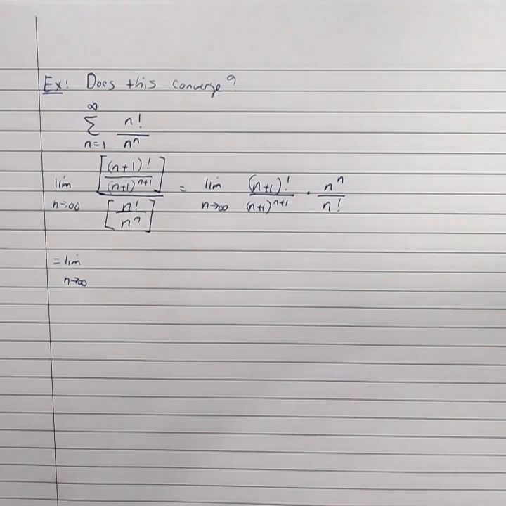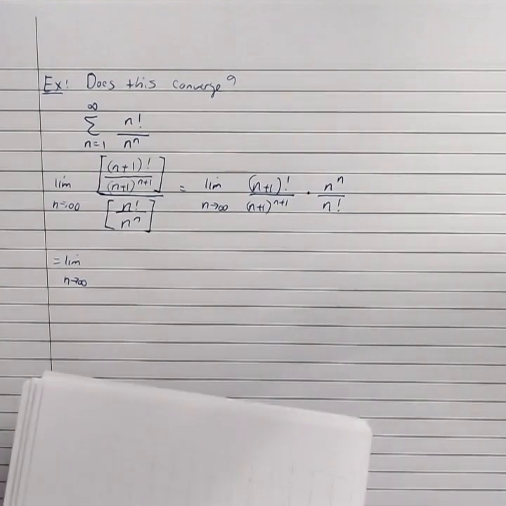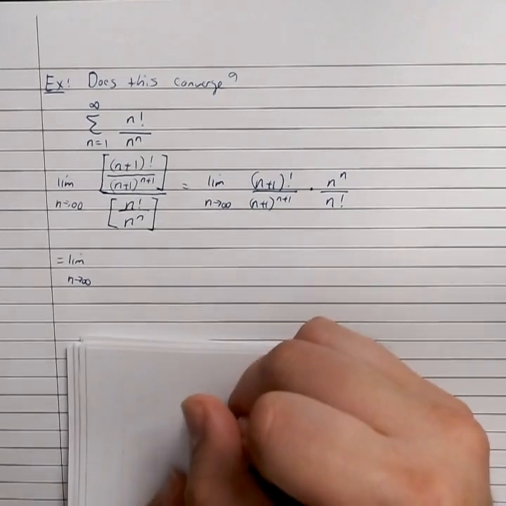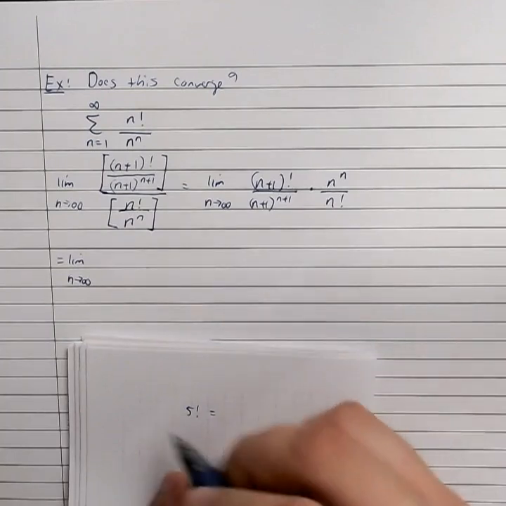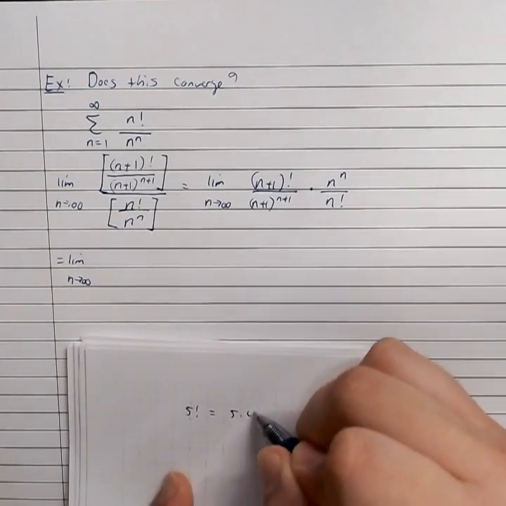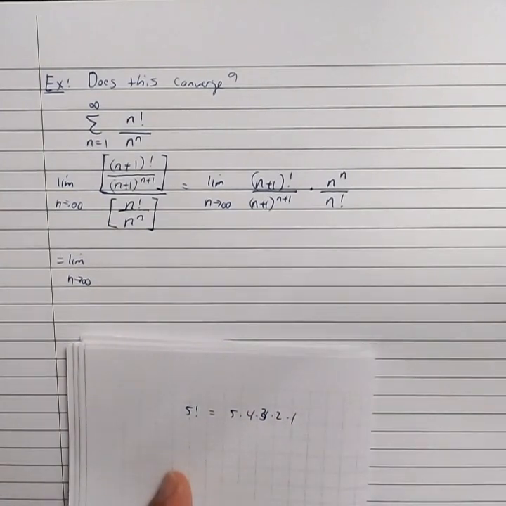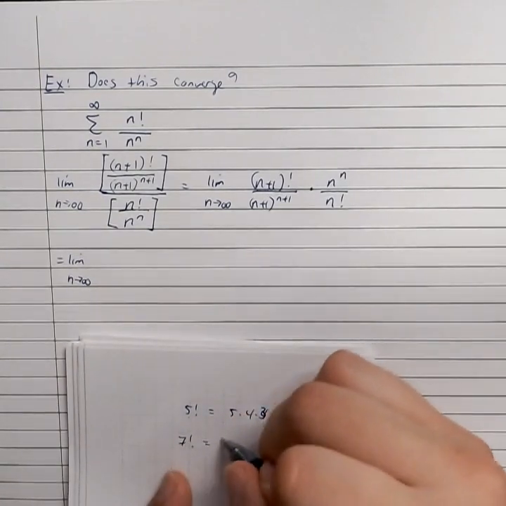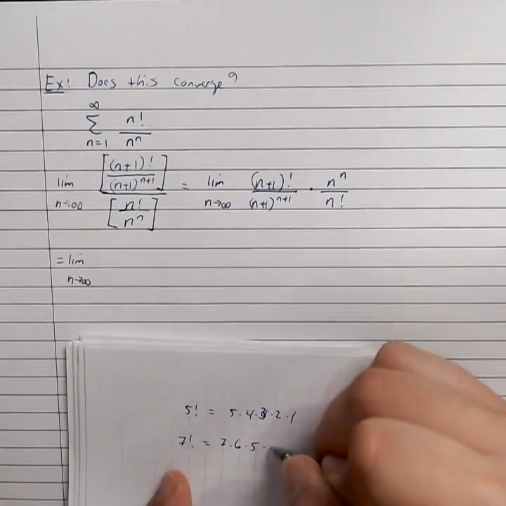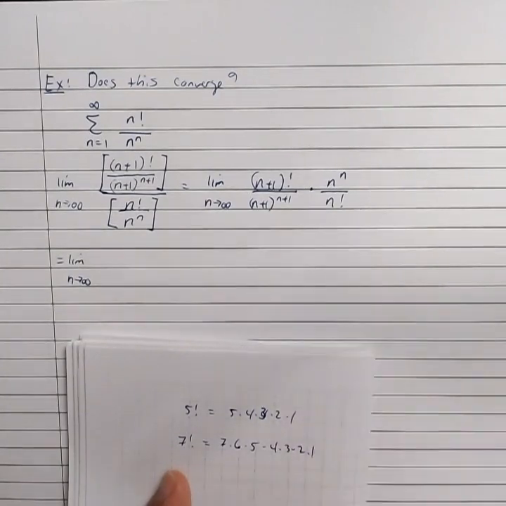Here, I'm going to just grab a sheet of scratch paper. Remember how factorials work. 5 factorial is start from that number 5, and 5 times 4 times 3 times 2 times 1. 7 factorial would be 7 times 6 times 5 times 4 times 3 times 2 times 1.